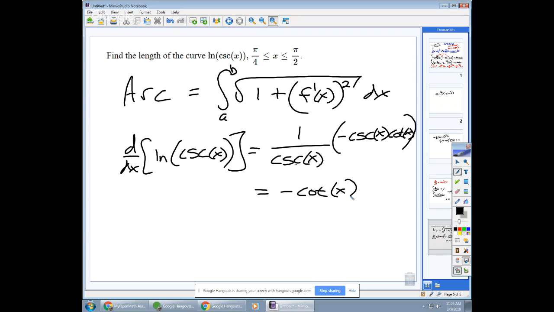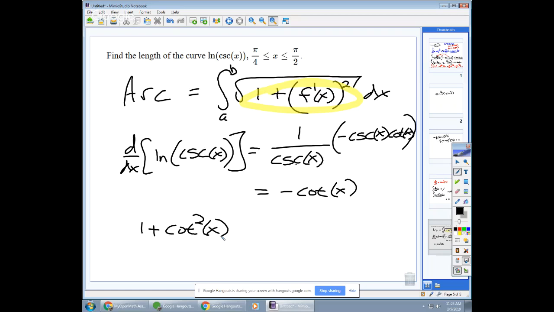Okay, so if I look at the inside here, I'm going to get 1 plus... squaring a negative gives me a positive, so I just get the cotangent squared of x. And does anybody recall the Pythagorean identity for that one?